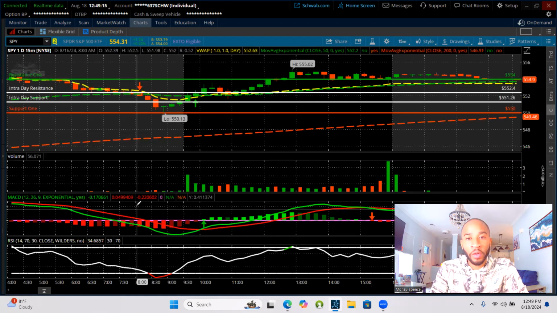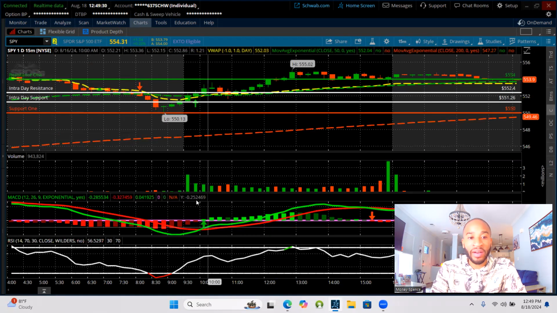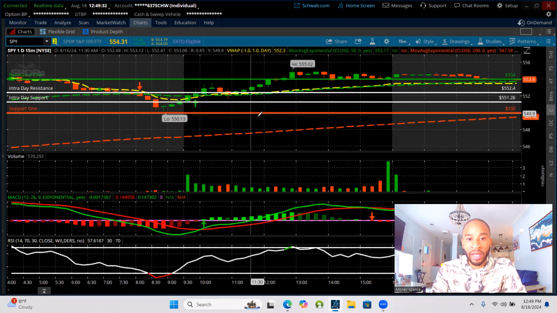Now, I love utilizing the 15-minute time frame to identify intraday support and resistance levels. So before the market opens up, you want to also have your key levels in place. And your key levels, that's this red line right here and the green line right here.